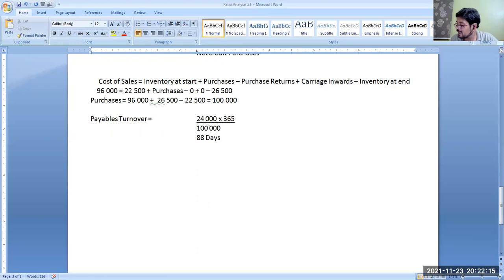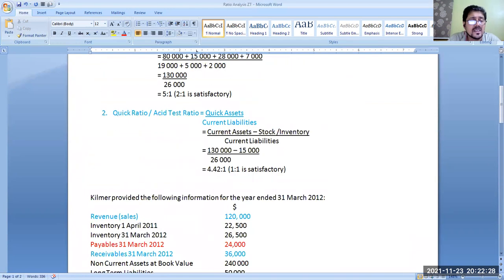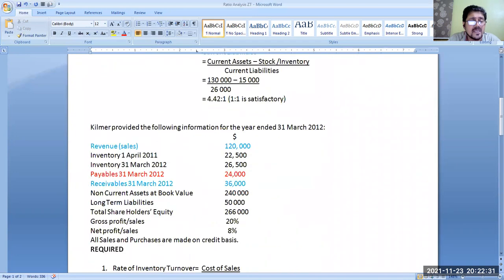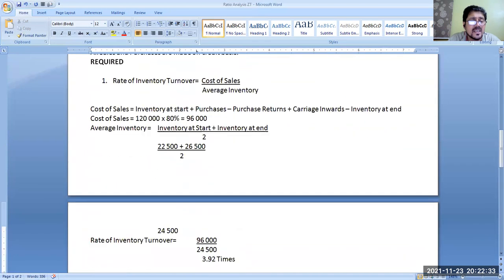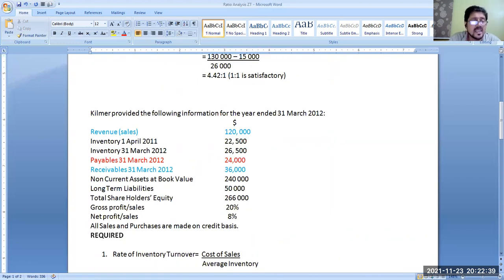Now the last in efficiency ratios is non-current asset turnover. The last in your efficiency ratios. This is your liquidity ratios and this is your efficiency ratios.